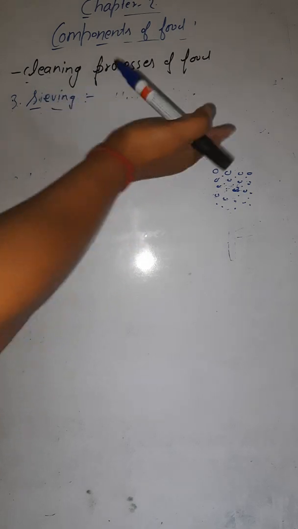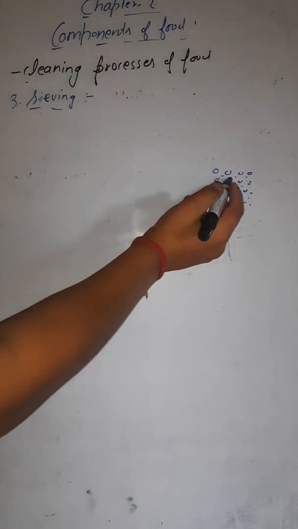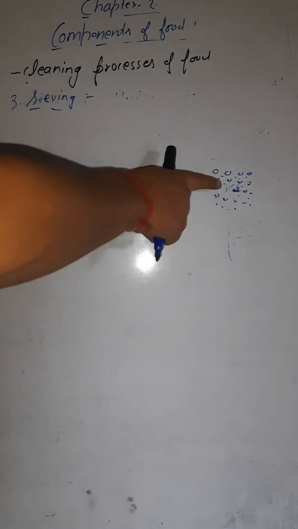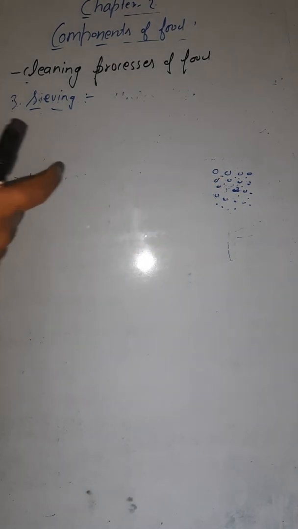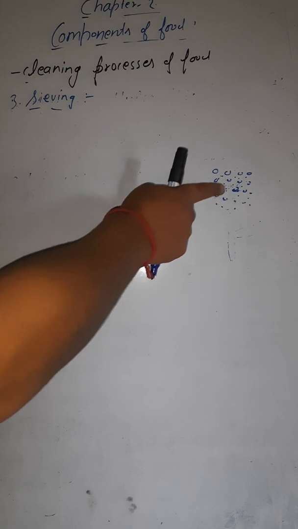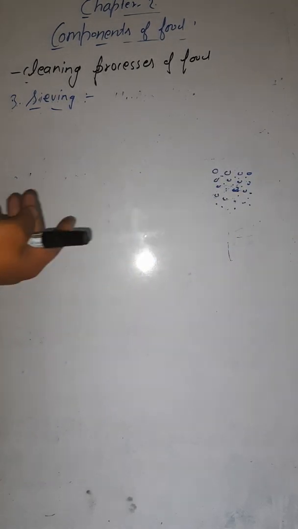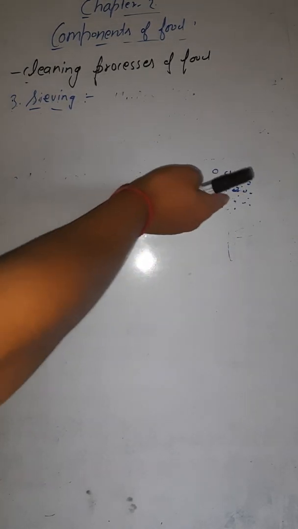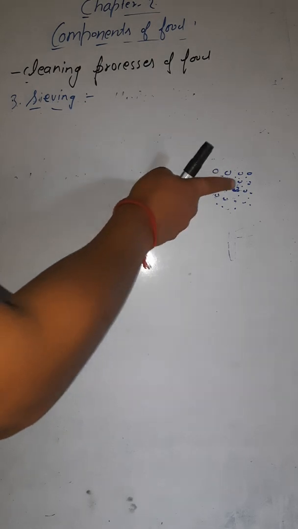So by the winnowing process, these smaller particles are not separated out. They are not lighter, and they cannot be separated only by blowing air over them.